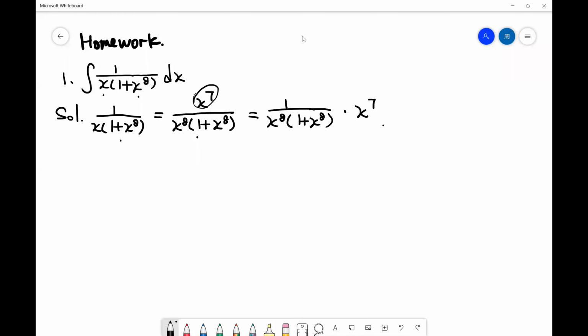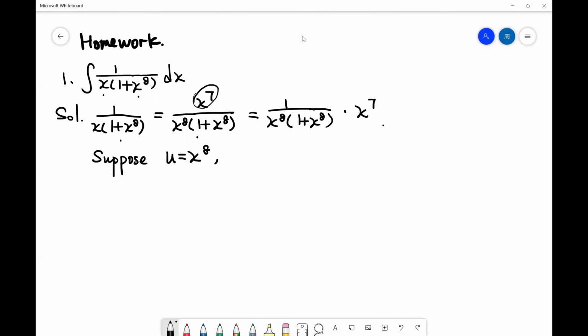Here we can suppose u, or t, equals x power 7.